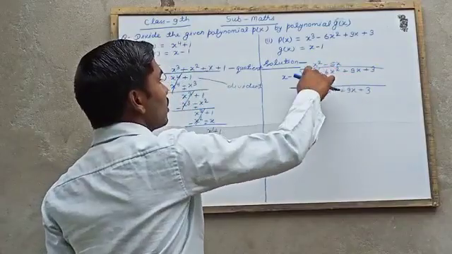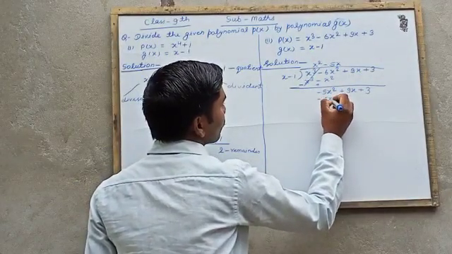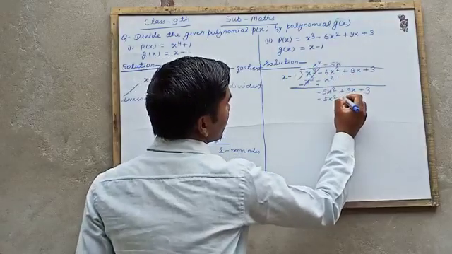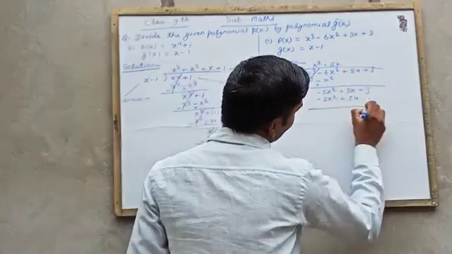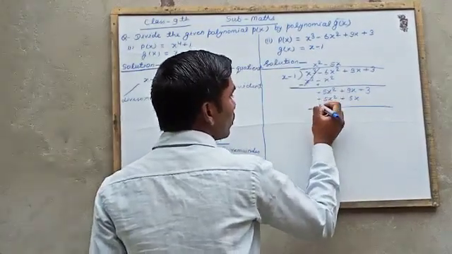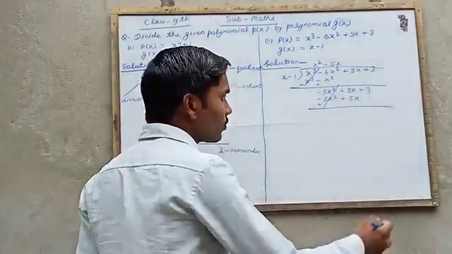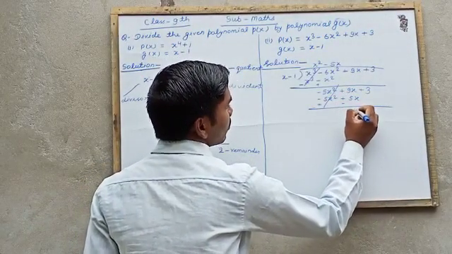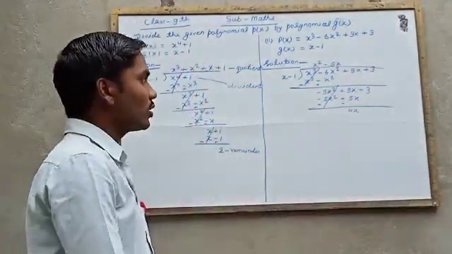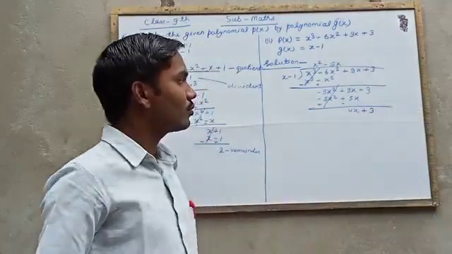So 5x. 5x into x is 5x square, minus into minus plus, and 5x. Again subtract this one. This will be plus and minus, it will be cancelled. 9x minus 5x will be 4x, and this one is 3.